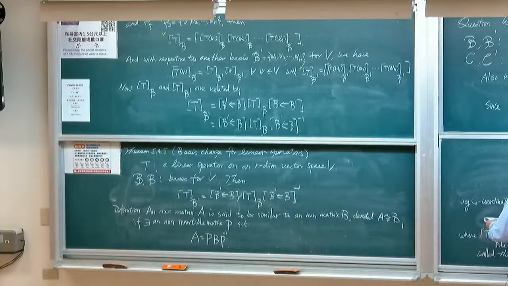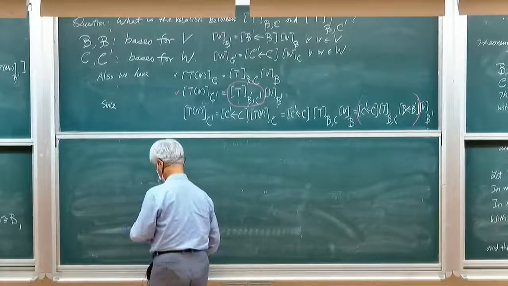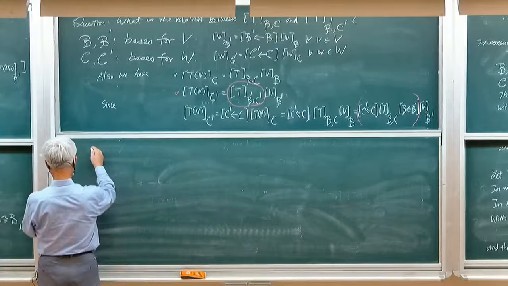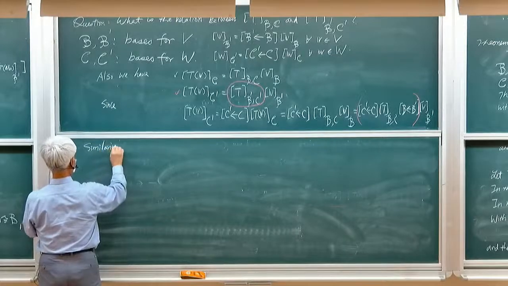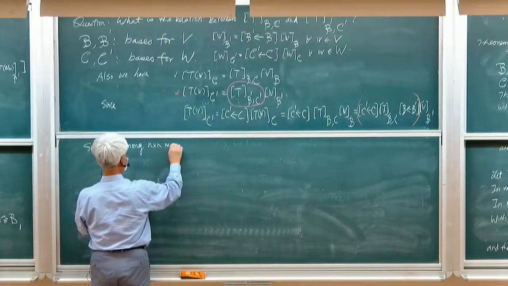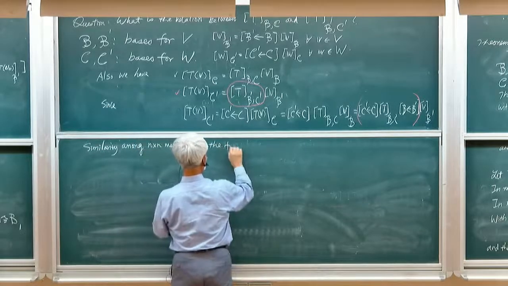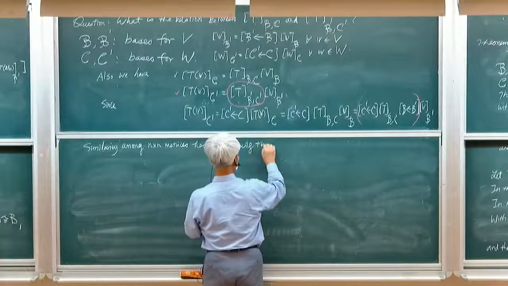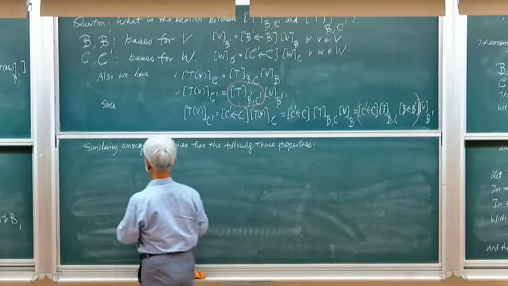Okay, so similarity among n times n matrices has the following three properties.